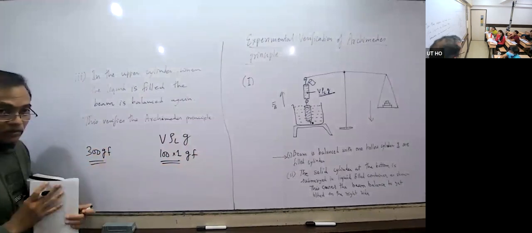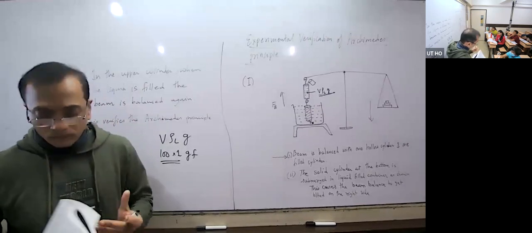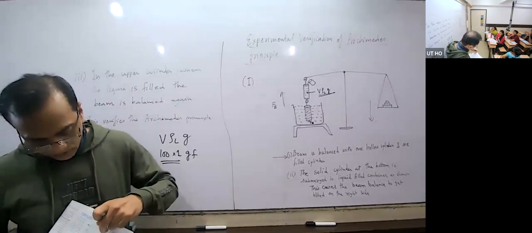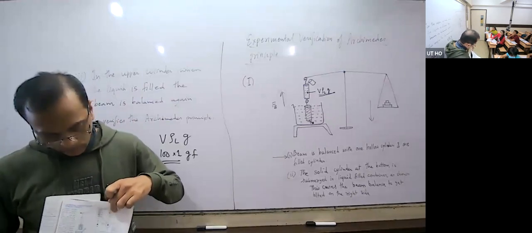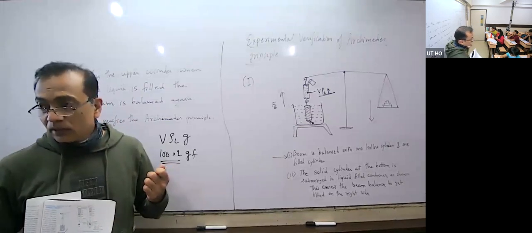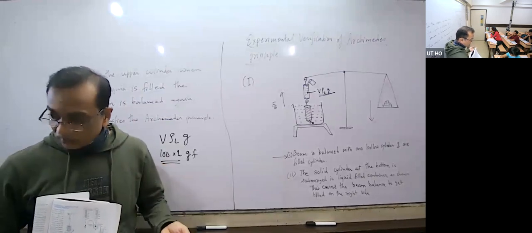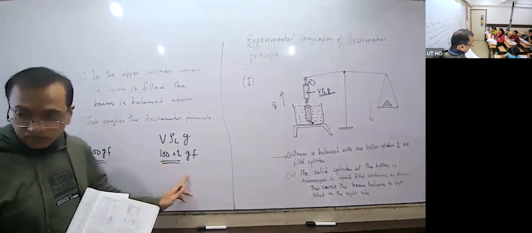Right? Okay. So then, from 300, now it is showing 200. Right? So what does it tell you? 100 gram liquid is displaced. So the weight of 100 gram, what is the weight of this? 100 gram force.